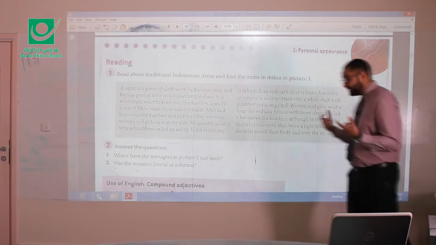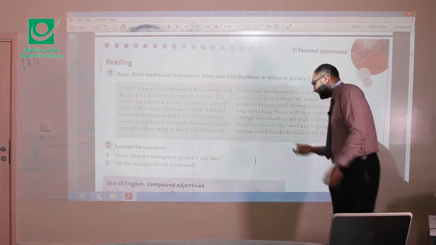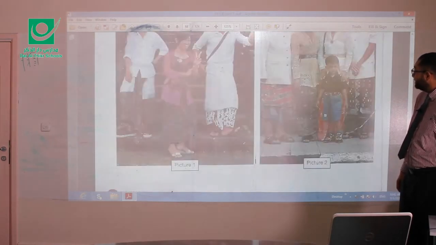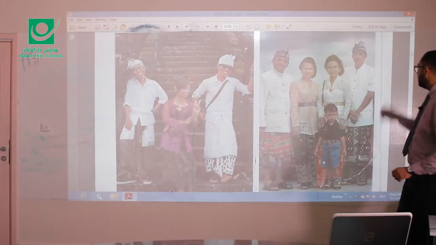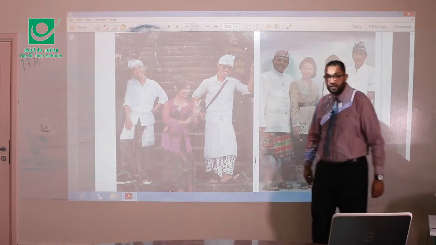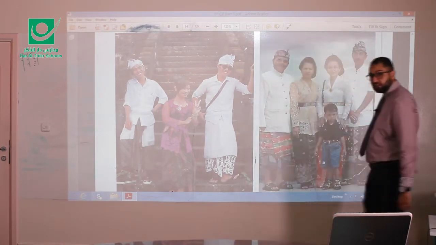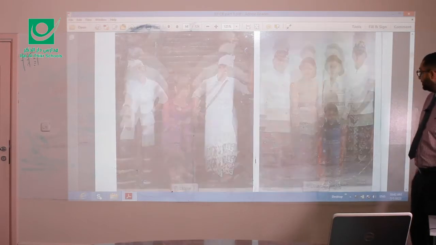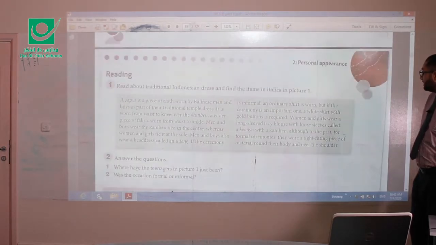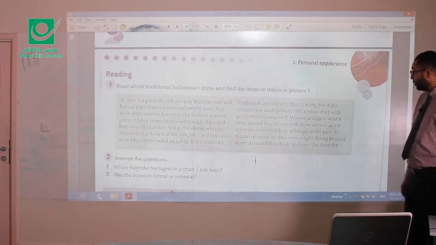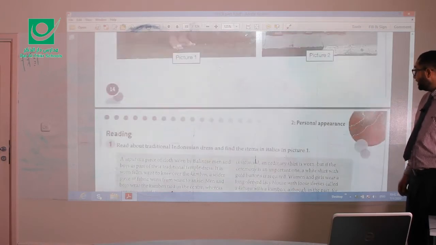What about the headdress? Yes, the udeng, as you can see in the pictures. It seems that they are worn in many types, as on the men here or the young men there. And as you can see, it depends on the formality of the occasion itself. If it's informal, it's worn as an ordinary shirt.